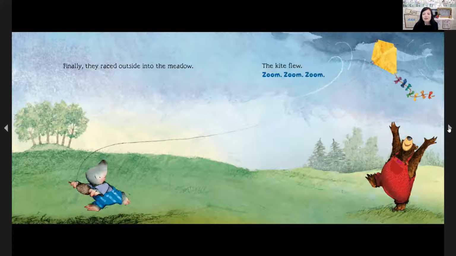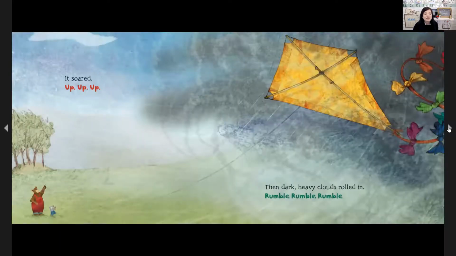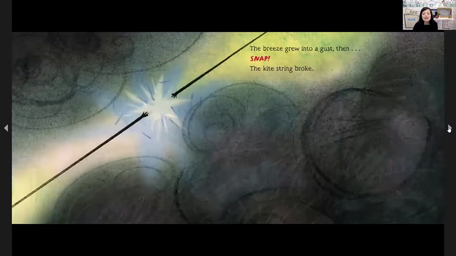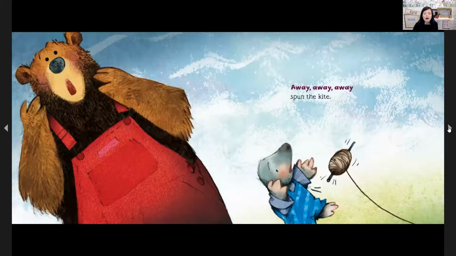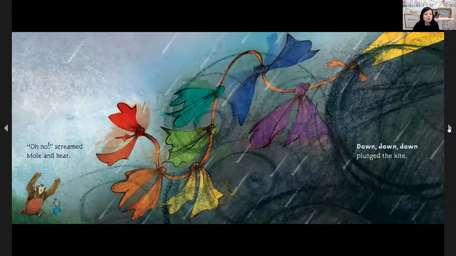The kite flew. Zoom, zoom, zoom. It soared up, up, up. Then dark, heavy clouds rolled in. Rumble, rumble, rumble. The breeze grew into a gust. Then snap, the kite string broke. Away, away, away, spun the kite. Oh no, screamed Mole and Bear.